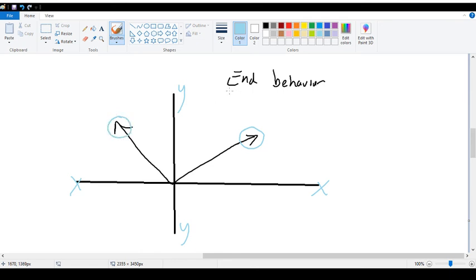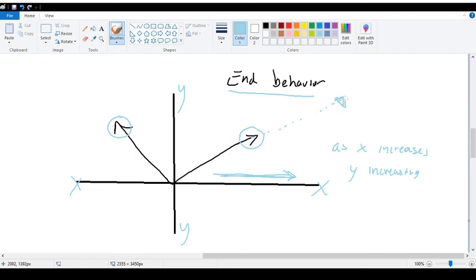I'm going to look at those end behaviors. So as you go to the right, as x increases, so as x gets bigger to the right, where is y increasing to? Is it going up or is it going down? In this case, it's also increasing. See, if you go to the right on the x, this y value is going up as well.